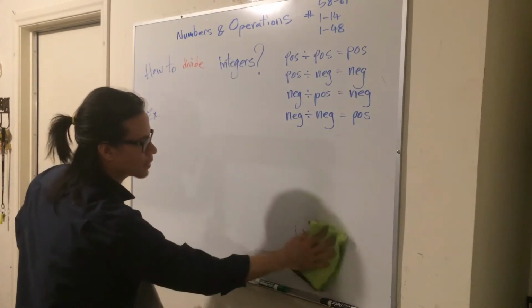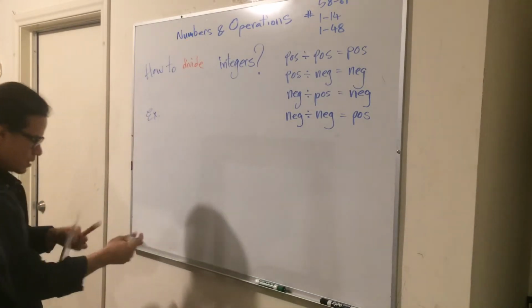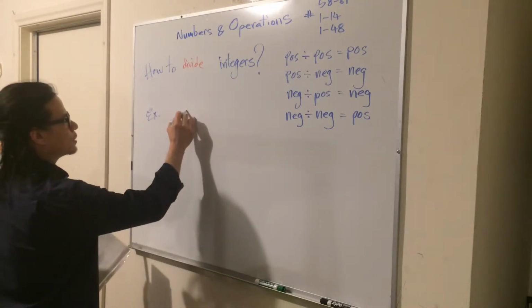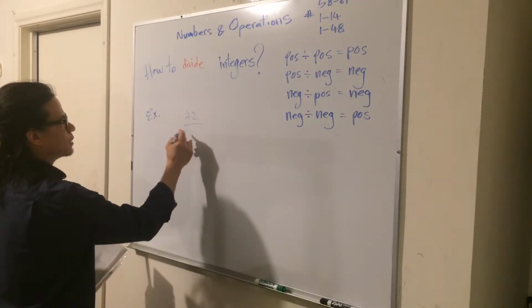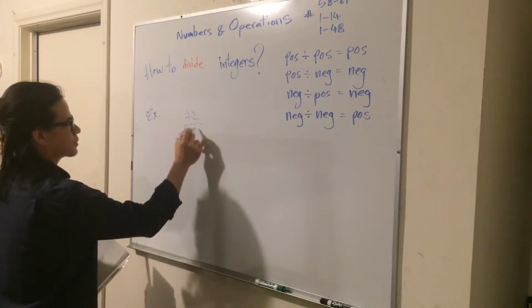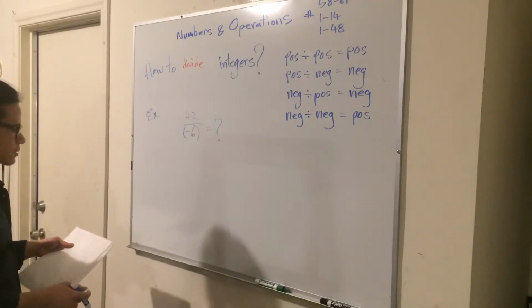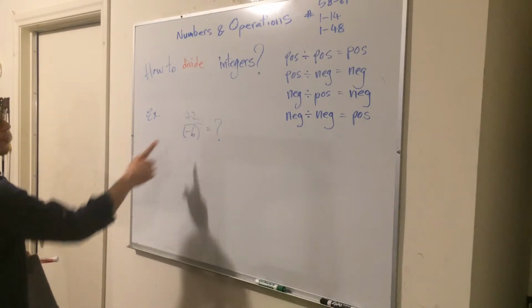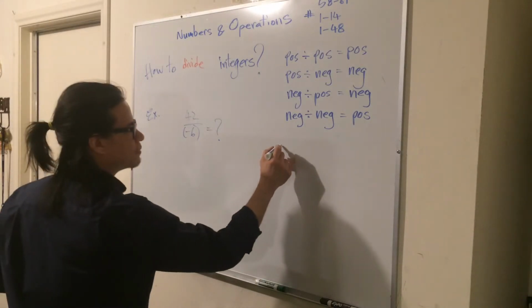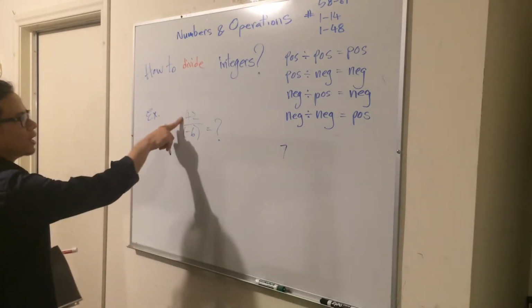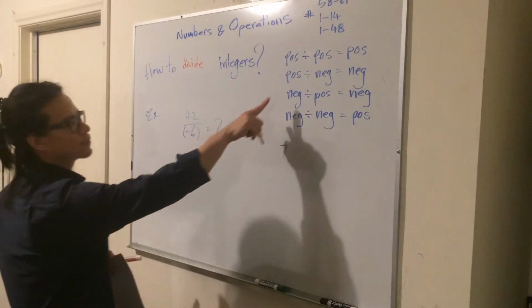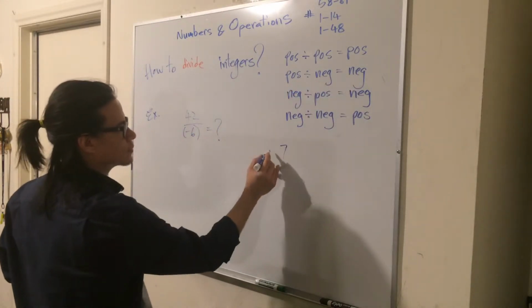Just to make sure that we've got this down. Take 42, divide negative 6. 42 divided by 6 is 7. Positive divide a negative, we get negative.